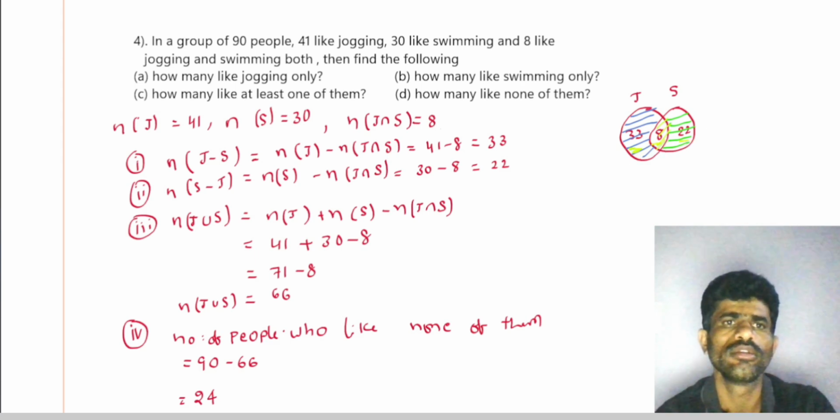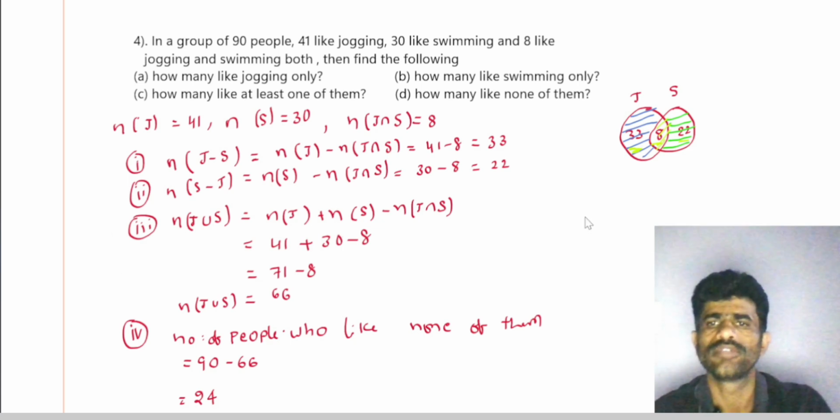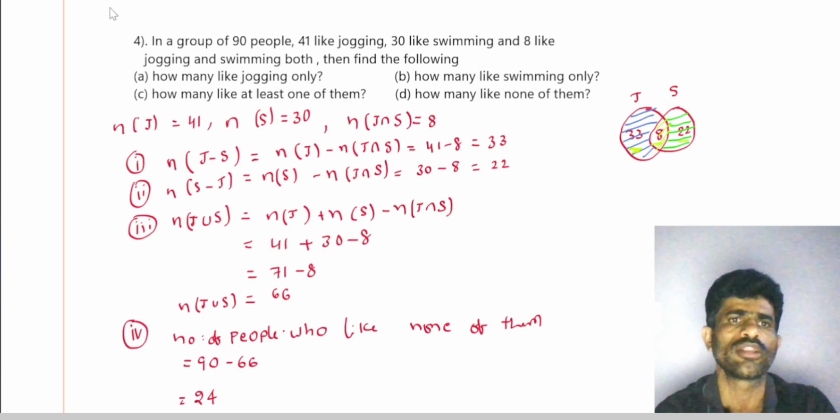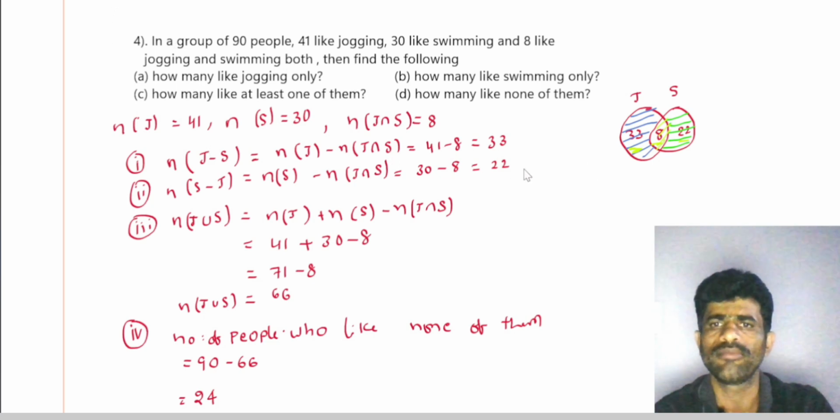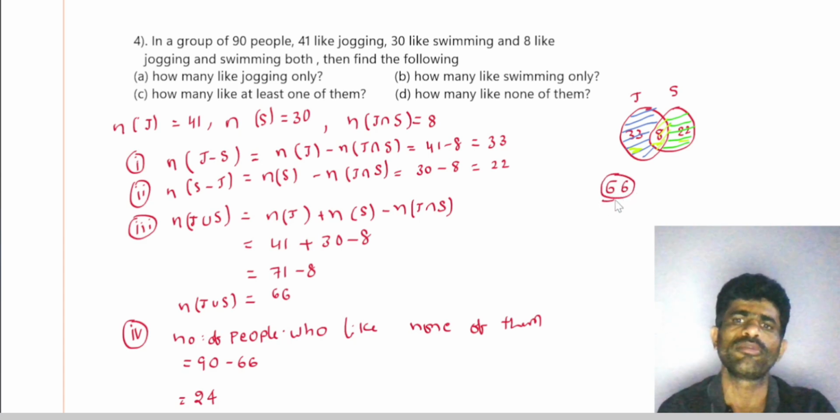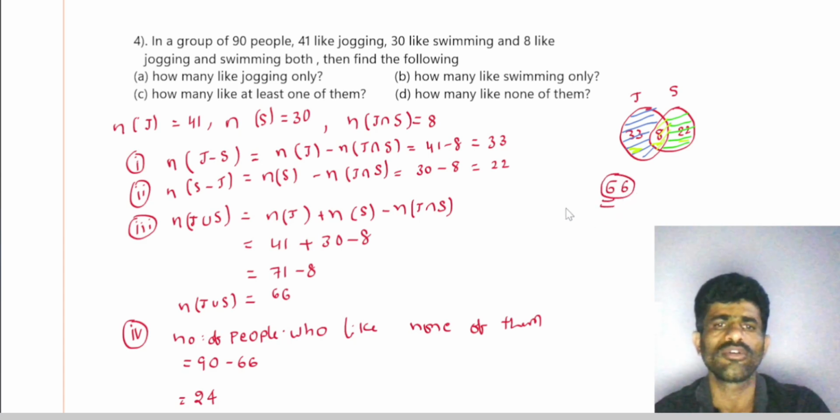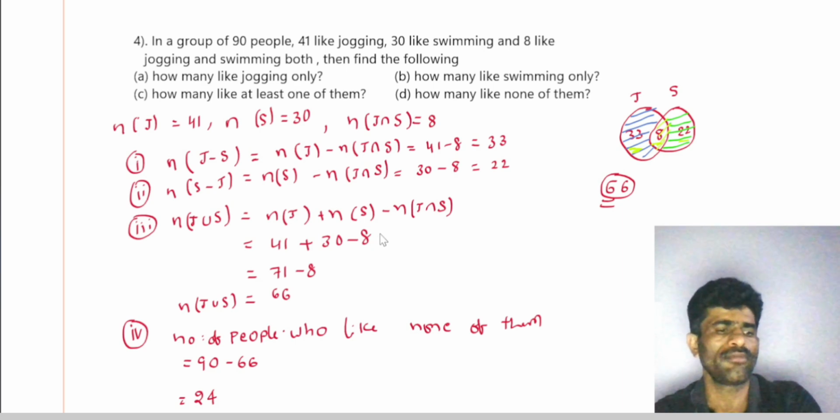Then we get a total of 66. 66 people like at least one of them. And 90 people are there in total. In that 90, 66 people like at least one of them, so 24 people will not like anything. So in this way, by using Venn diagrams, we can solve the problems.